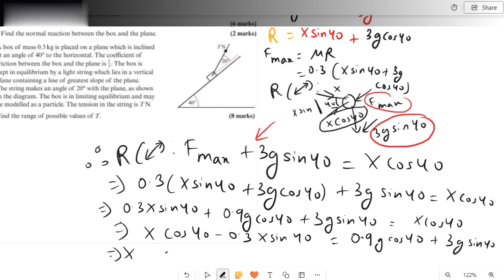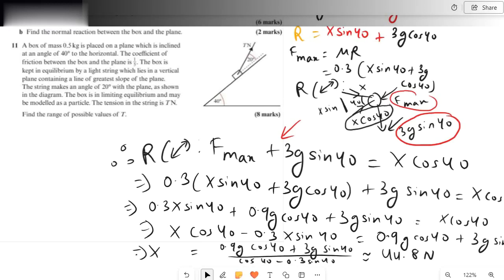Taking a common factor of x, we get x is equal to (0.9g cos 40 plus 3g sine 40) divided by (cos 40 minus 0.3 sine 40), which is approximately equal to 44.8 newtons.